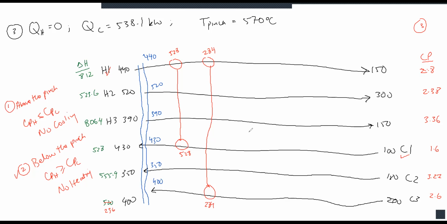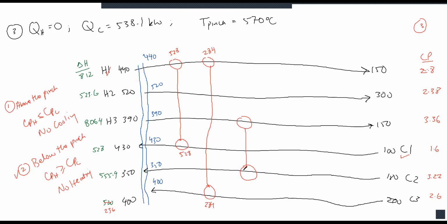Let's have a look at H3. H3 has a CP of 3.36. Let's see if we can match it. 3.36 with C2. 3.36 is greater than 3.27, so I can make this match. So I'm going to connect the heat exchanger from H3 all the way to C2. And H3 has 806.4.